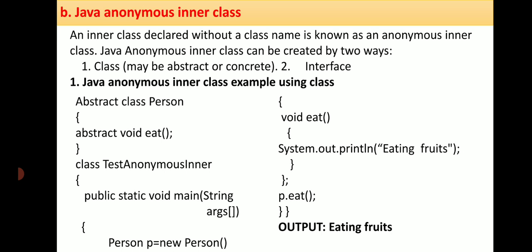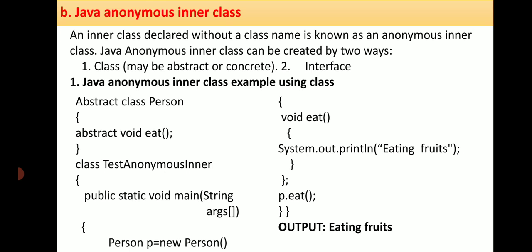Next we are going to study the second type, the Java anonymous inner class. We can implement this in two ways. One is by using a class, which may be abstract or concrete. Concrete means it can have a normal method. An inner class declared without a class name is known as an anonymous inner class.